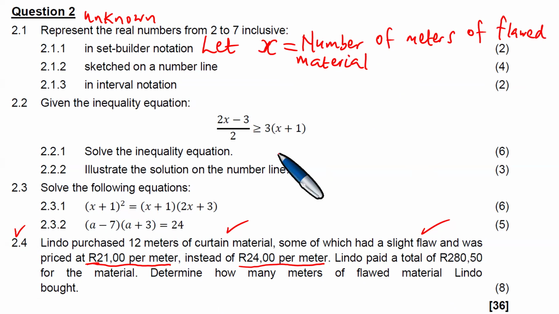This is the situation. X is the number of meters of flawed material. If this is true, then what is the total number of meters of the curtain? Linda bought 12 meters of material.